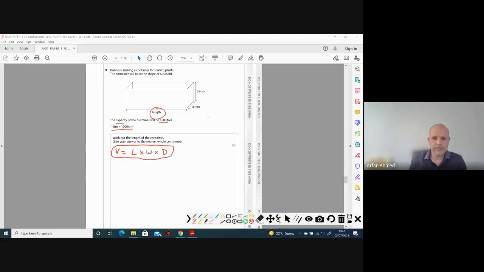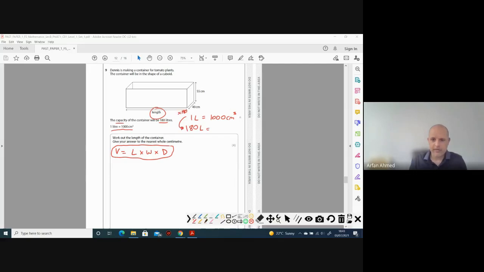Let's do that first. If 1 liter equals 1,000 centimeter cubed, how do you get from that to what the container holds? Well, you'll have to multiply by 180.